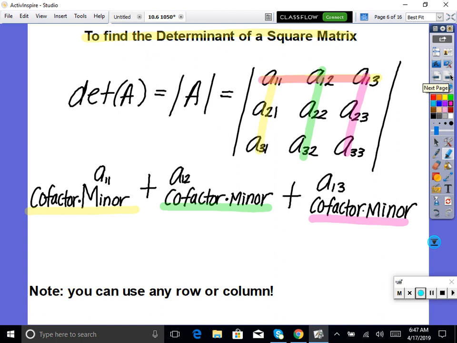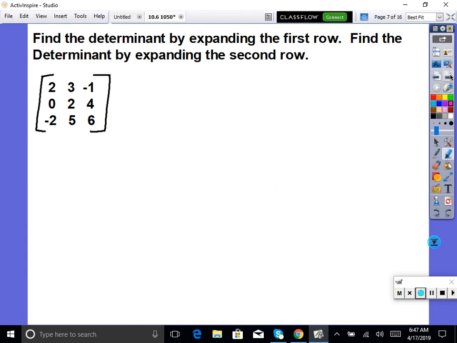Okay, let's put this into practice. That's really going to be what makes sense. Right here it says, find the determinant by expanding the first row. So this gave us specific instructions. It wants us to do it by the first row, everybody, okay? So I'm going to highlight my first row here. Now we're going to eliminate the first column first.